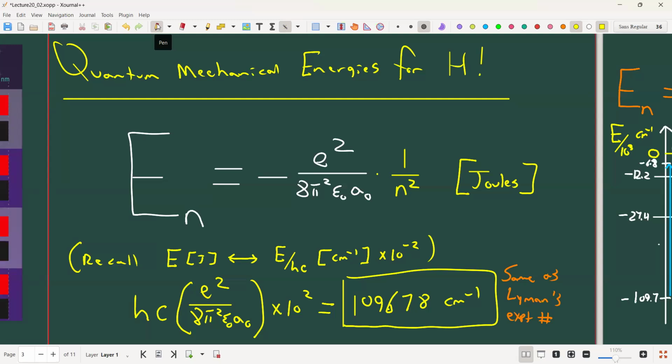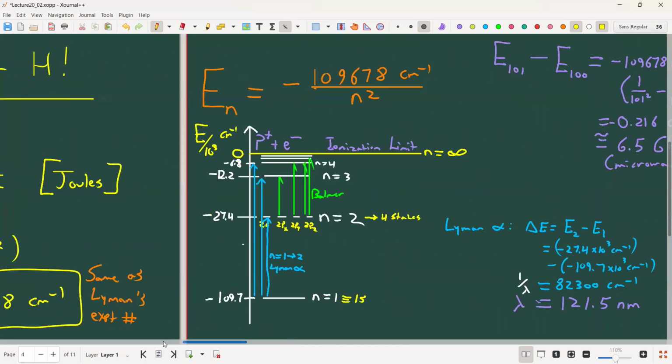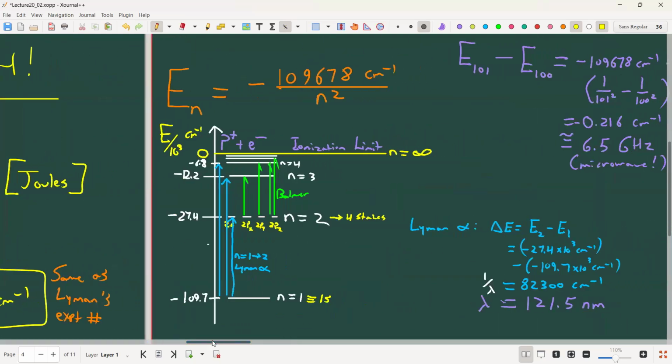So let's go to the next page. This leads to an energy level diagram that looks something like this. We represent it with negative energy, saying that 0 energy is the energy of removing the electron, the ionization limit. We have all these negative energy states, which means they're attractive, relative to the ionization limit.